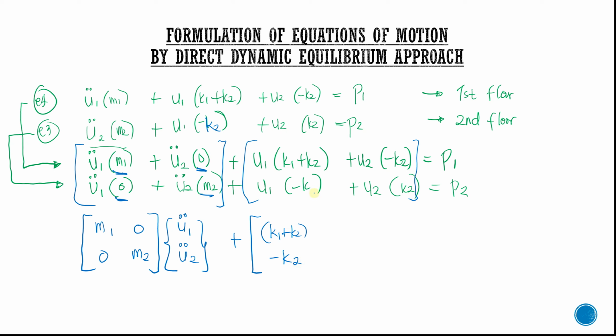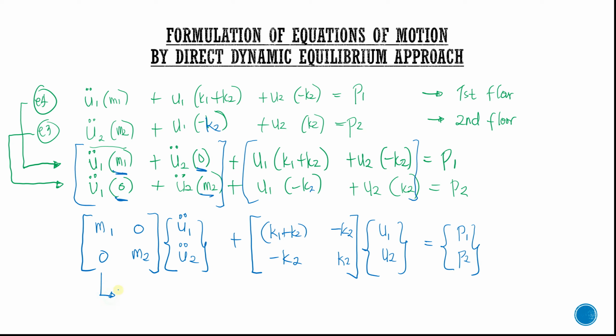Let me change this one. This is K2. Then you have the negative K2, and then the stiffness K2, times our deformation vector. Here we have our U1 and U2. Then equal to the dynamic force vector P1 and P2.